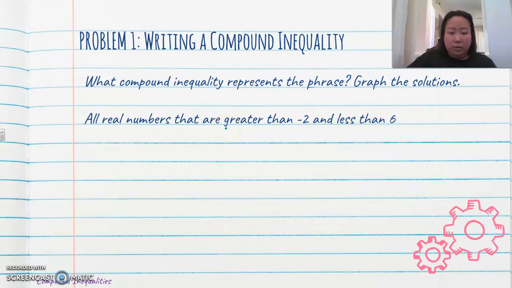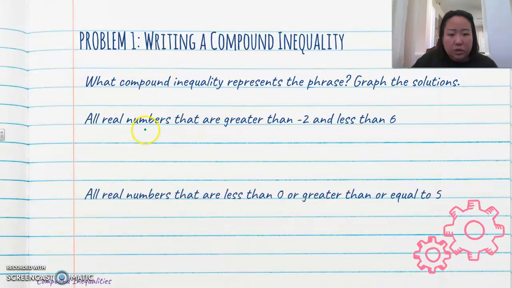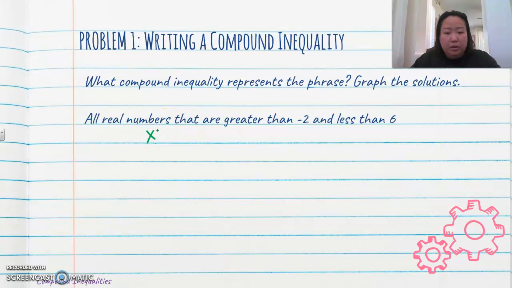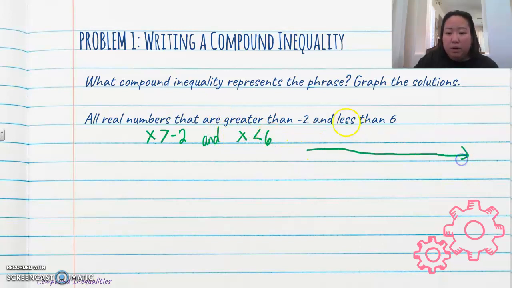If we are going to write this down, we will have x needs to be greater than -2, and x needs to be less than +6.